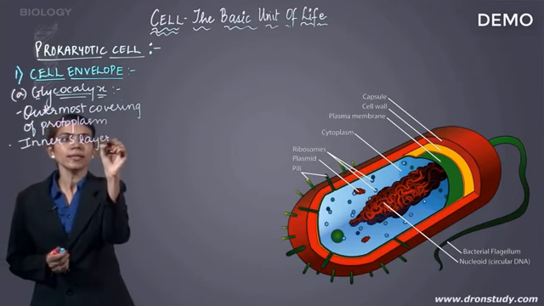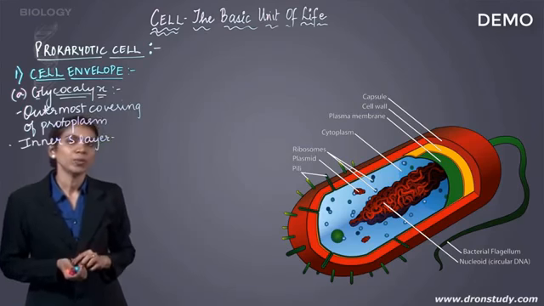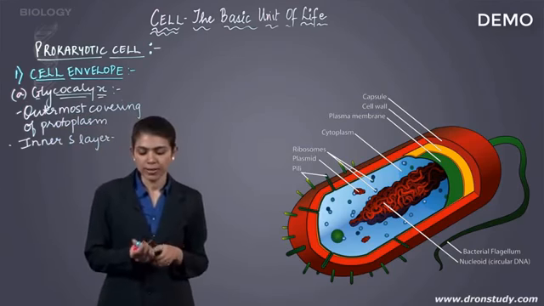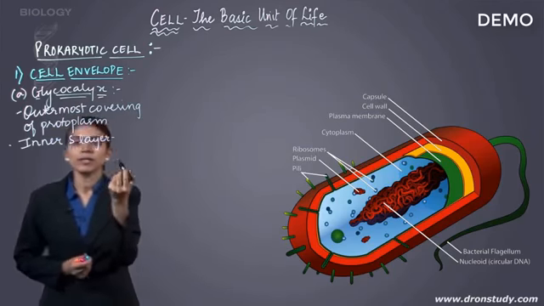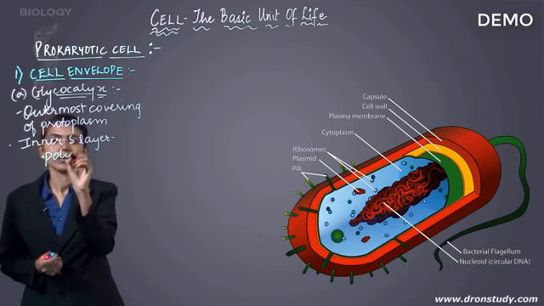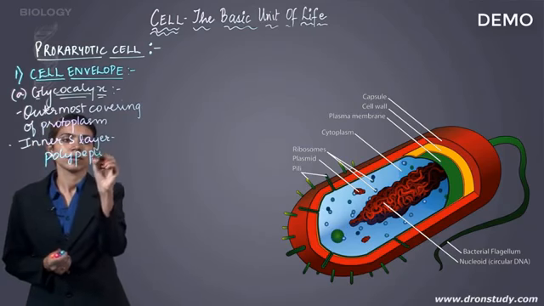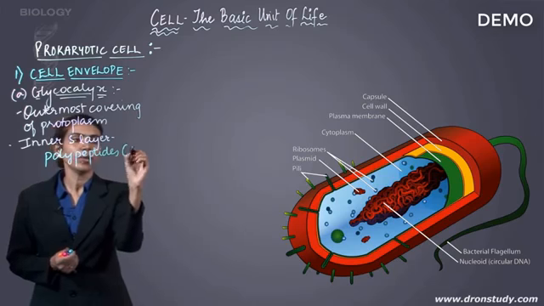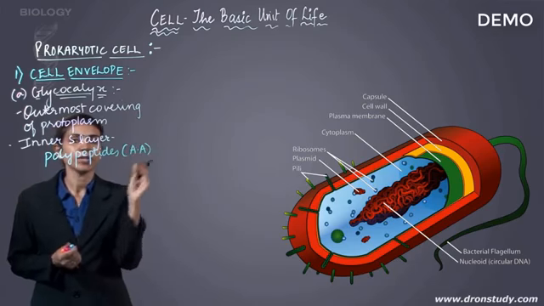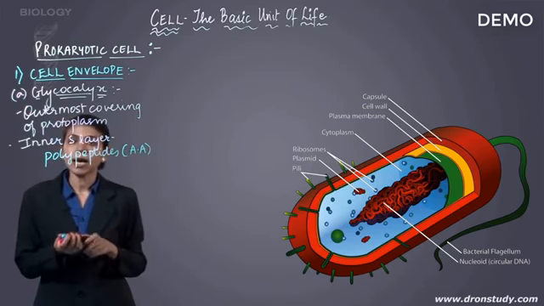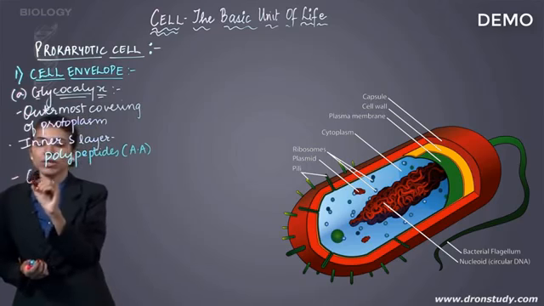Now this inner S layer is made up of polypeptides which are rich in amino acids. So the composition of the inner layer is polypeptides made up of amino acids, and the outer layer is the outer mucilage layer.